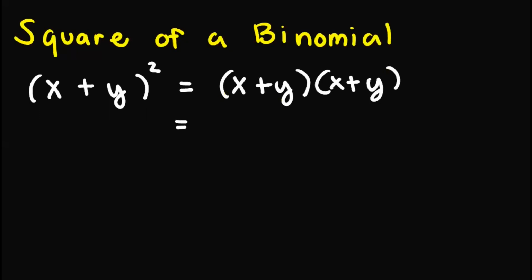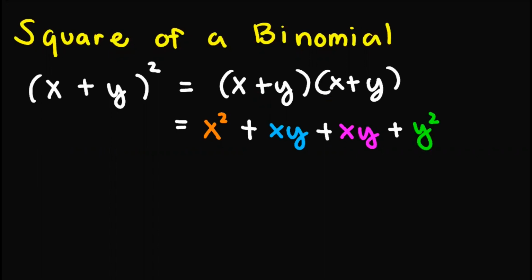So we'll obtain the first term, x times x, would give us x squared, plus the outer terms, x times y, would give us xy, plus the inner terms, y times x, would give us yx, or simply xy, plus the last terms, which are y times y, will give us y squared.